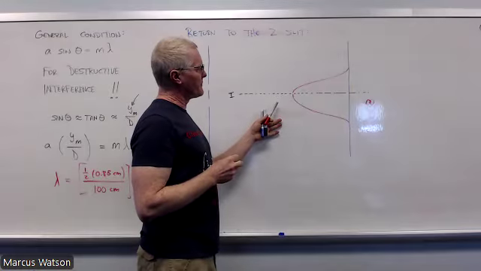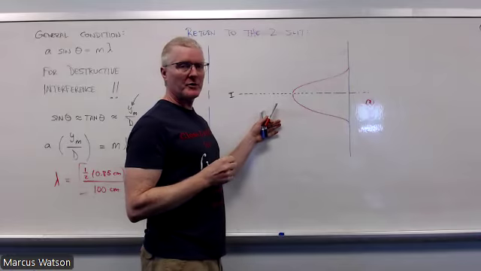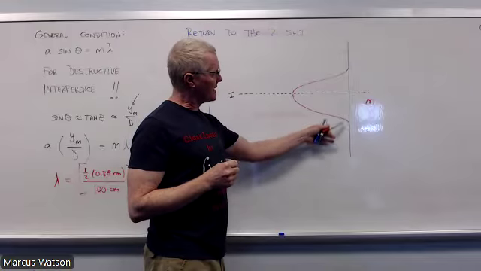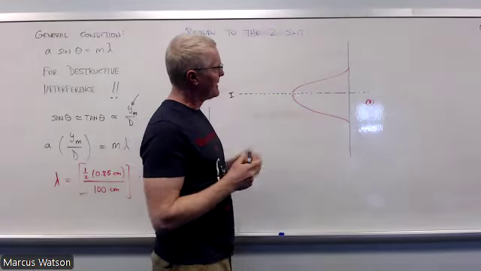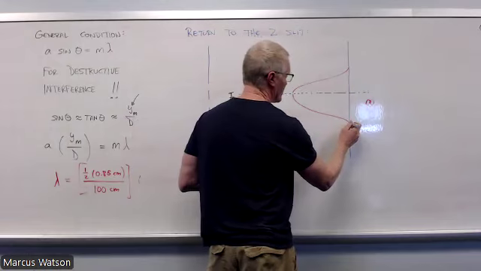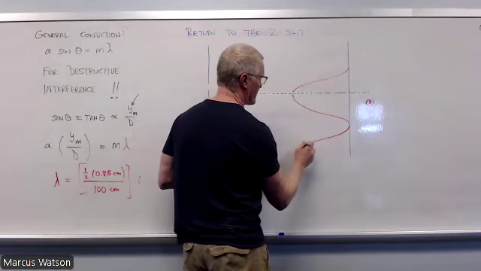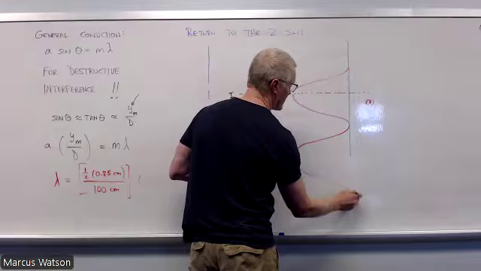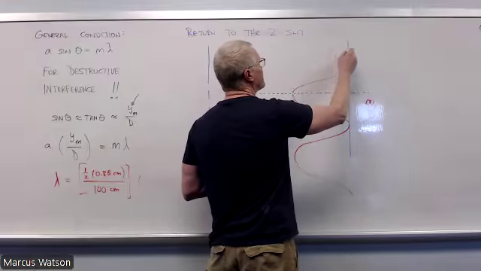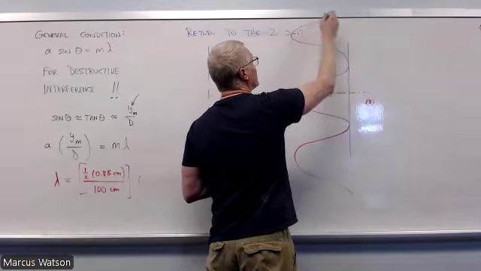So here's our central bright fringe, and we go to the first dark here and here on either side of that, and we go to the next bright fringe like this.